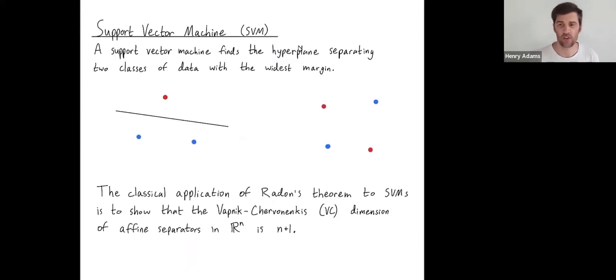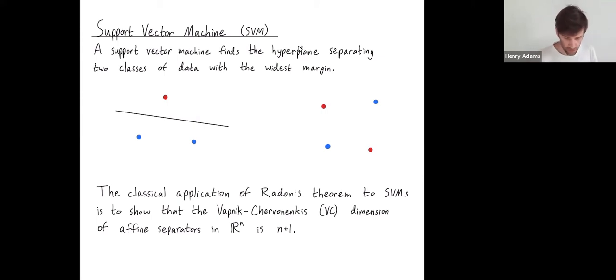There is a classical application of Radon's theorem to support vector machines, and that's to describe the VC dimension of an affine separator. Let me describe the VC dimension. It's the maximum number of points such that no matter how you label those points, red or blue, you can always find a classifier that recovers those labels correctly.